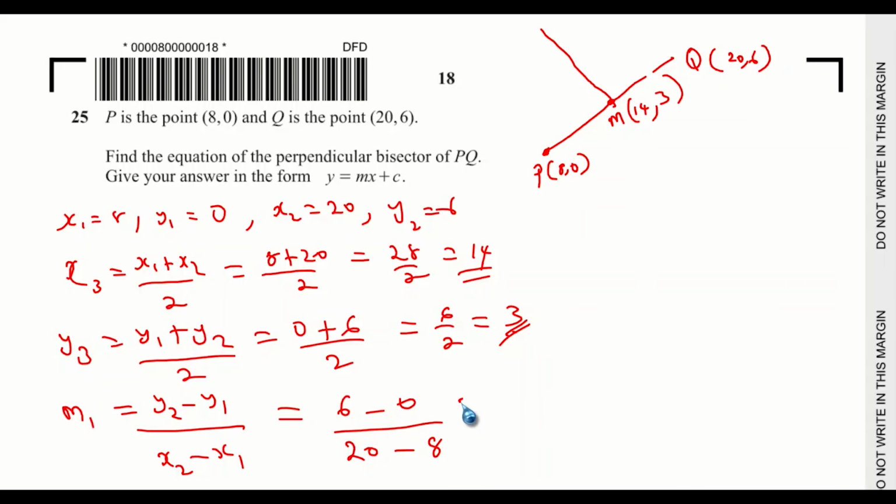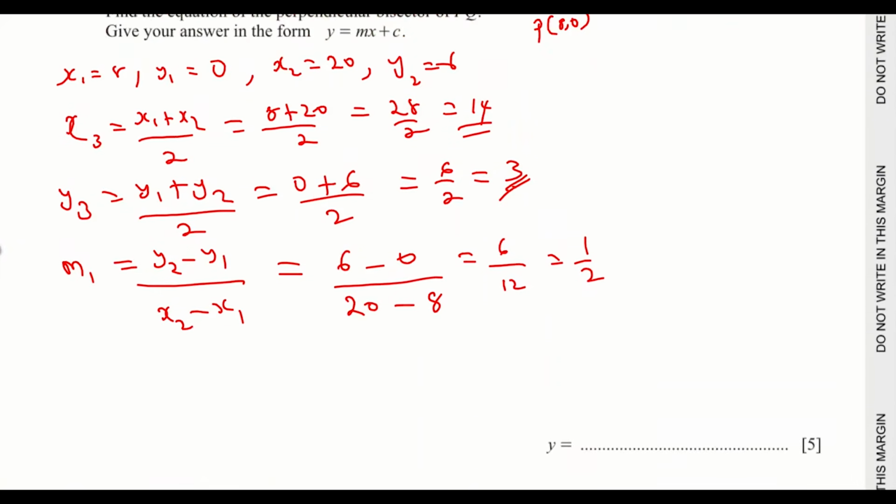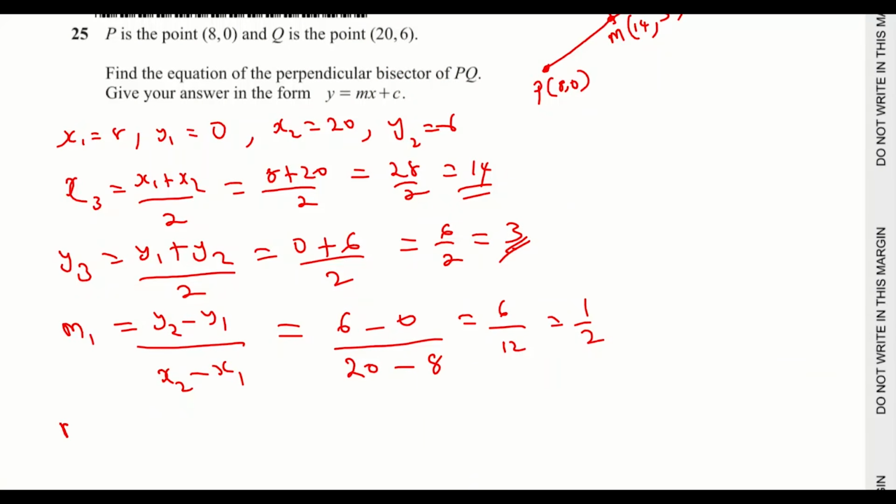So if you do this, you get 6 out of 12, which is equal to 1 out of 2. But we need the gradient of the perpendicular bisector. So I can call this one m2. It will be perpendicular to this. So m2, which is the gradient of the perpendicular bisector, will be minus 1 over 1 over 2, which is equal to negative 2. So that is the gradient.